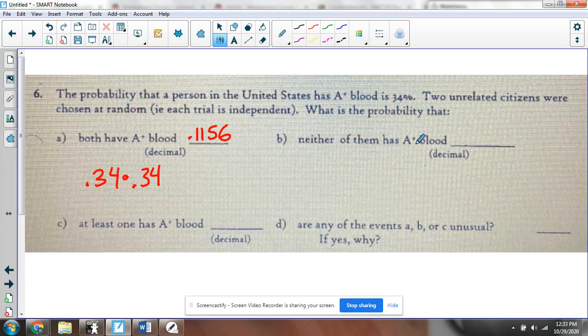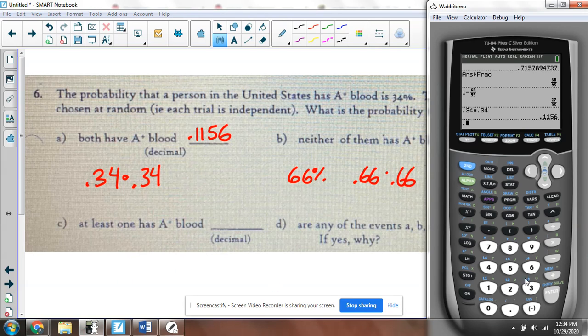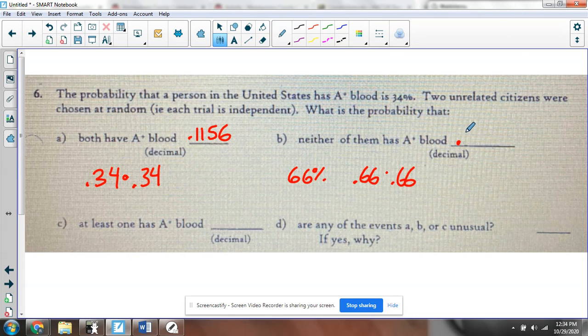Neither of them have A positive blood, so that's going to be the remaining percentage. So the probability of not A positive is going to be 66%, or 0.66 times 0.66. 0.4356.